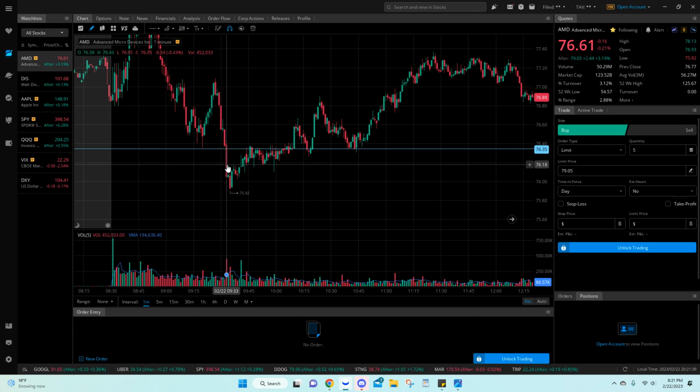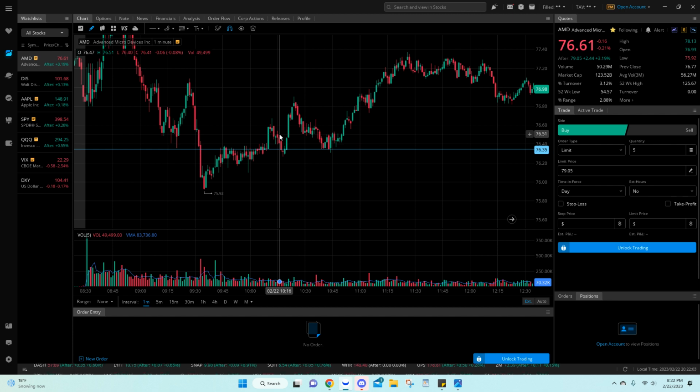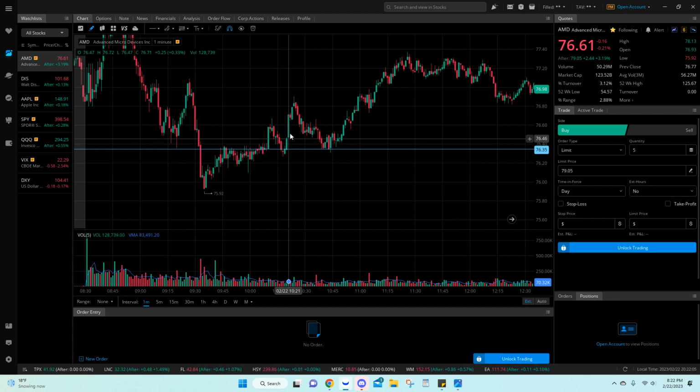So we stopped here and kind of stopped. This is where the IV comes in and becomes a factor. I'll show you guys that on the contract side of things after this, but we just slowly chopped up, and then we had a nice candle up, and I wasn't looking to get back in after this, but I believe by the time I actually put that out, we ended up here.